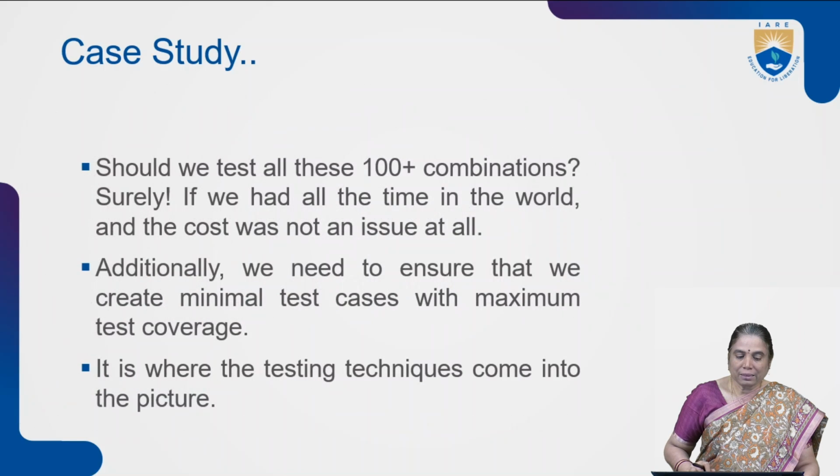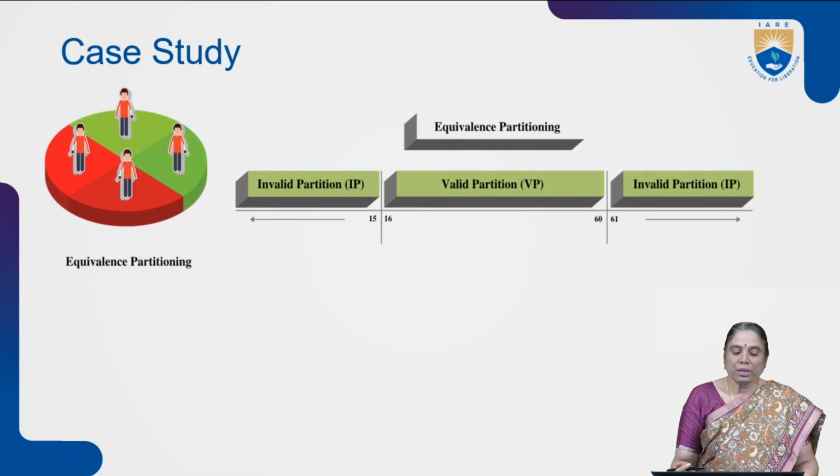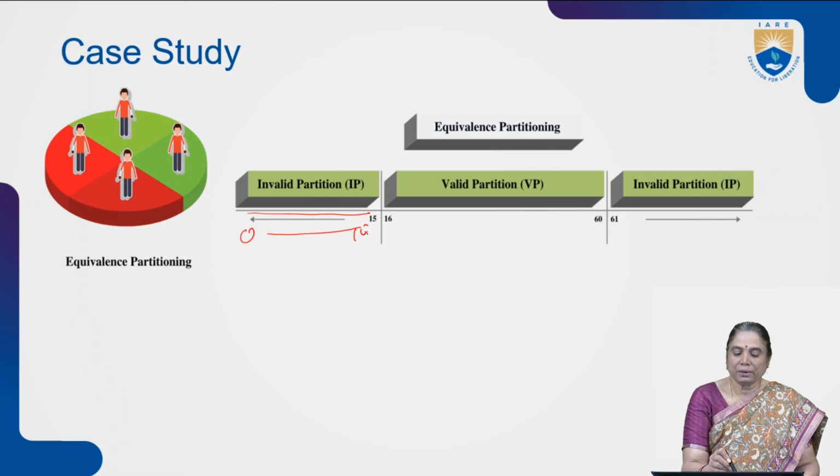But without equivalence partitioning, more than 100 combinations are being tested. So to minimize the number of test cases and to maximize the test coverage, in this scenario equivalence partitioning can be used. Here in equivalence partitioning, we group the invalid partition, that is 0 to 15, as the invalid partition, and 16 to 60 as the valid partition.